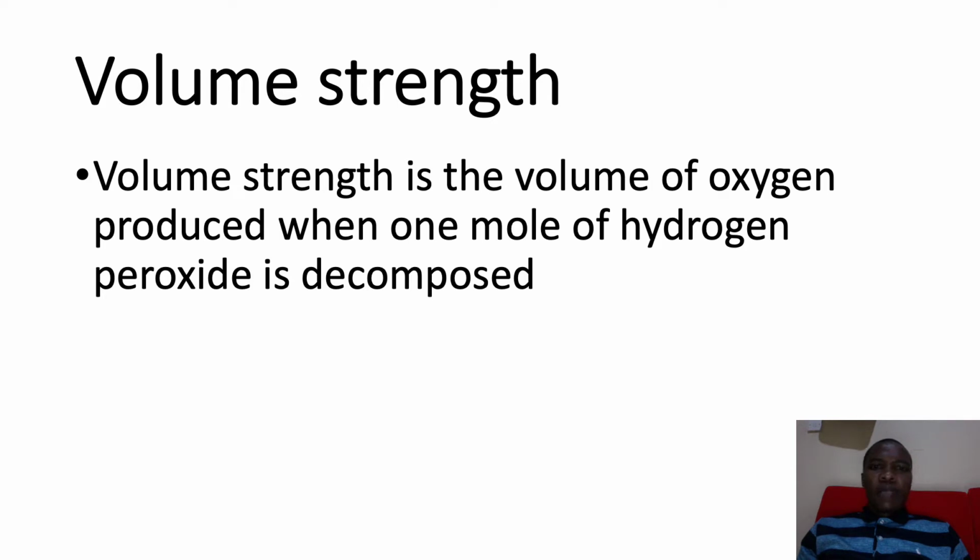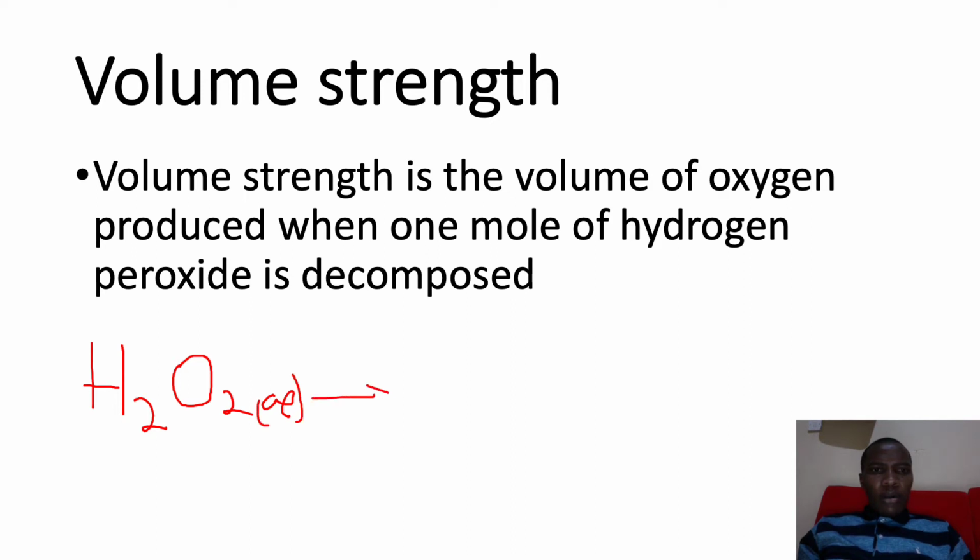Volume strength is all about the volume of oxygen produced when 1 mole of hydrogen peroxide is decomposed at STP. What do I mean? I mean this. I have 1 mole of hydrogen peroxide. Let's say this is our hydrogen peroxide.